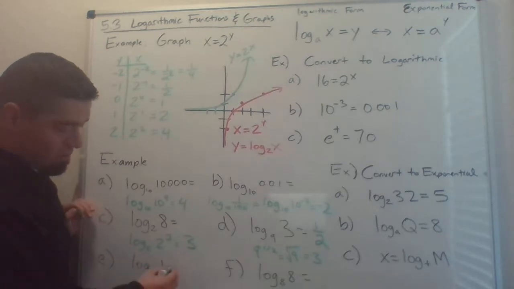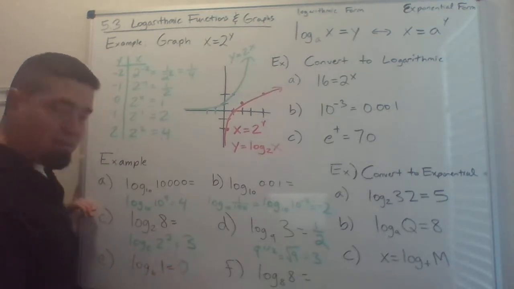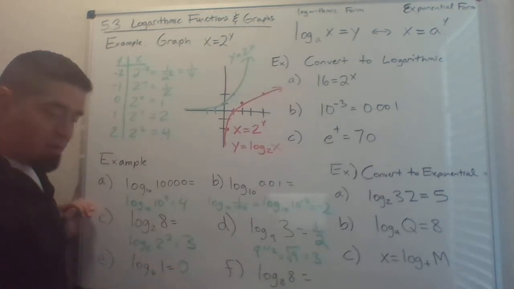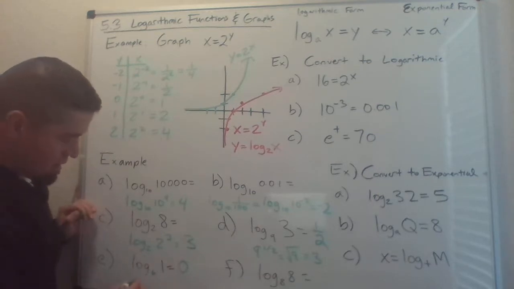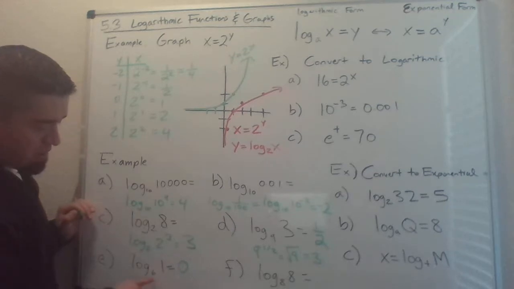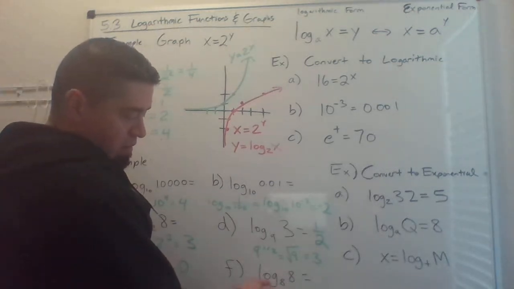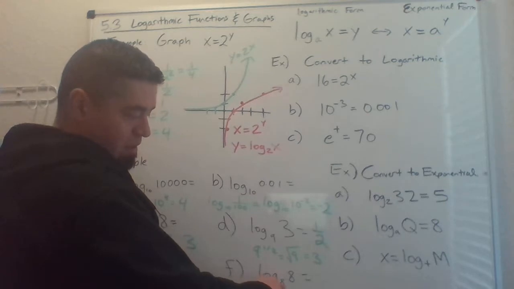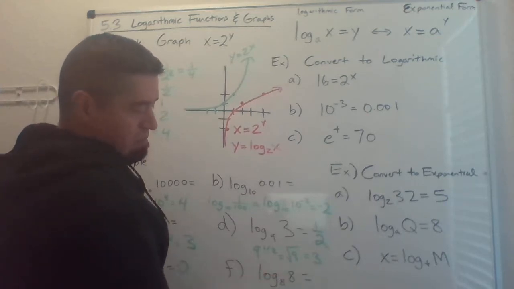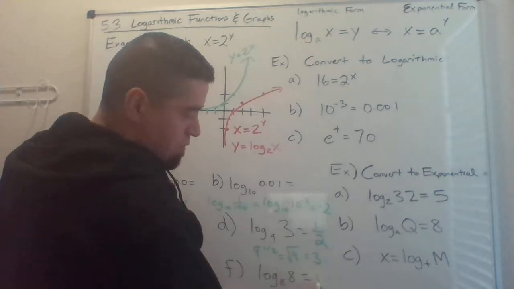The exponent would be 0, because anything to the 0 power is always 1. You could also do this as a change of base, but really it's not necessary. You just answered the question: 6 to what exponent will give you 1? 0. Okay. And here you'll see another type, where they match. Log base 8 of 8. So 8 to what power gives you 8? Well, that one's kind of straightforward. It's going to be 1.